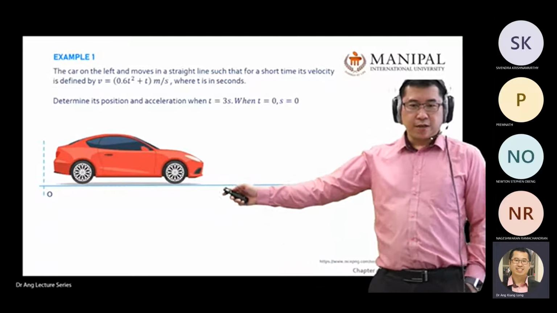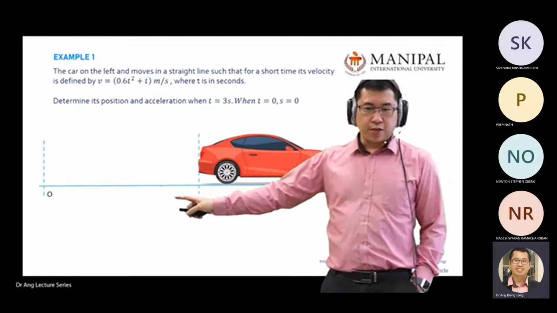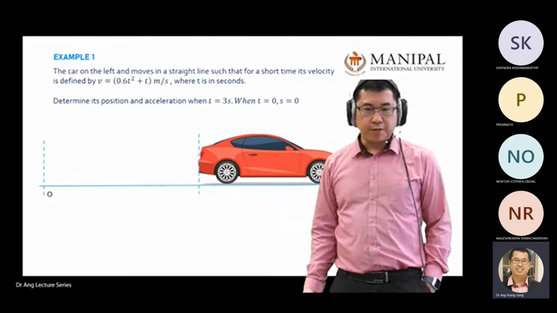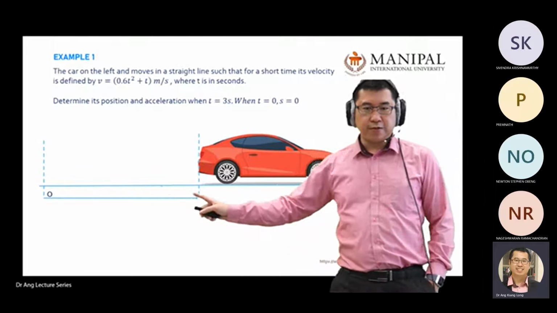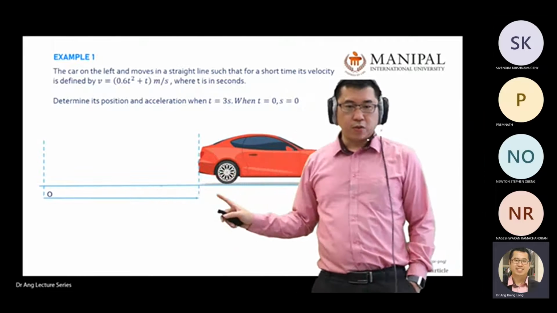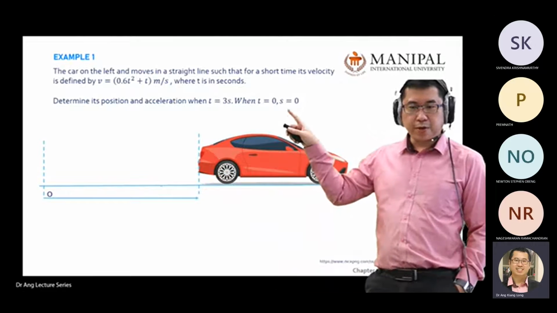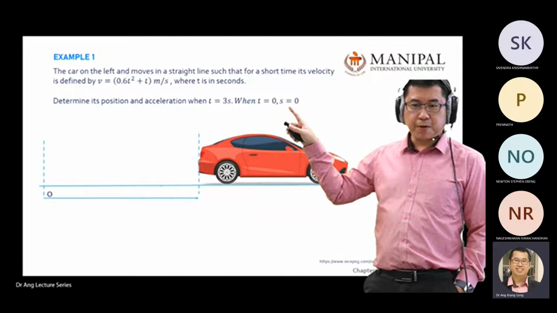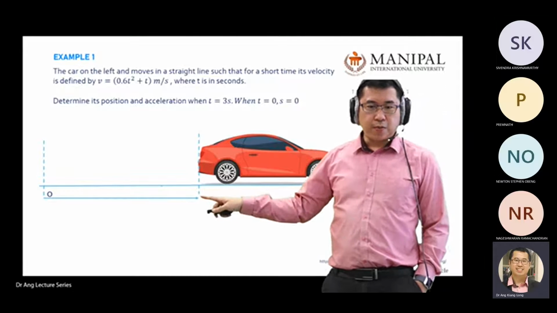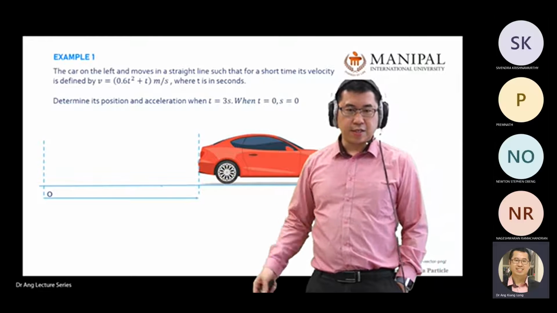So the car moved from the left. So this is your final position. You need to find the displacement from 0 to this final position, because your starting point is already given. When t equals 0, the starting point is 0, but you need to find what is this location after a certain time.